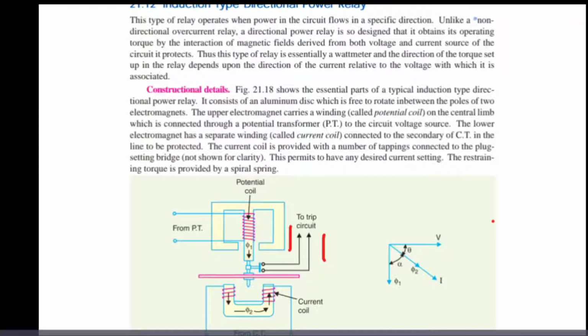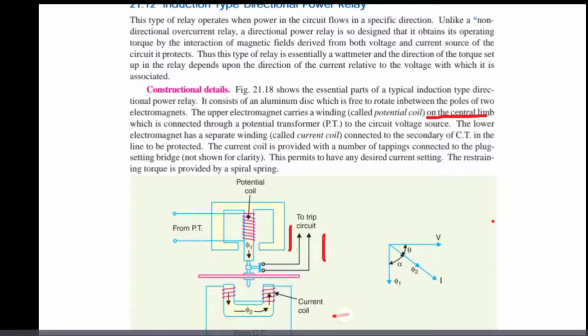You can see it consists of an aluminum disc which is free to rotate between two poles of an electromagnet. The upper magnet is known as the potential coil or pressure coil. On the central limb of the electromagnet is another winding called the current coil, excited from the CT secondary.